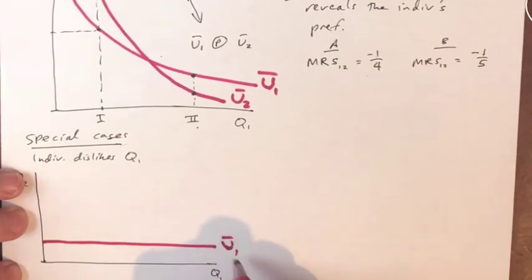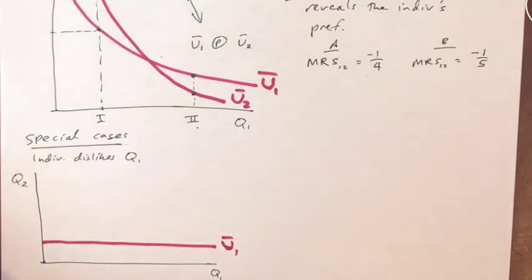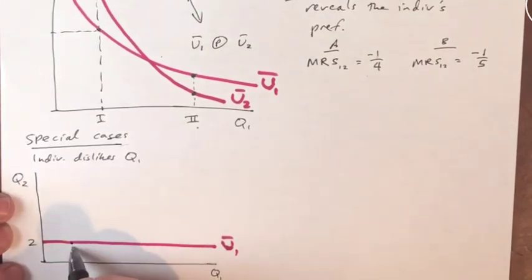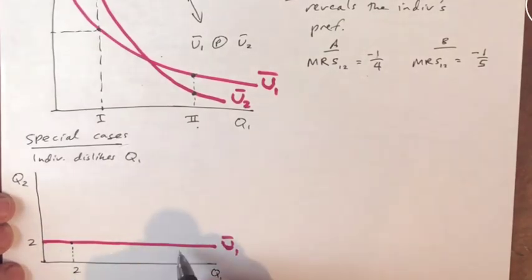So if they have, let's say, 2 of the good 2 that they actually like, right? And they are indifferent between having 2 of good 1 versus having, let's say, 10 of good 1, right? These points would be indifferent, A and B. They'd be indifferent along that curve, okay?